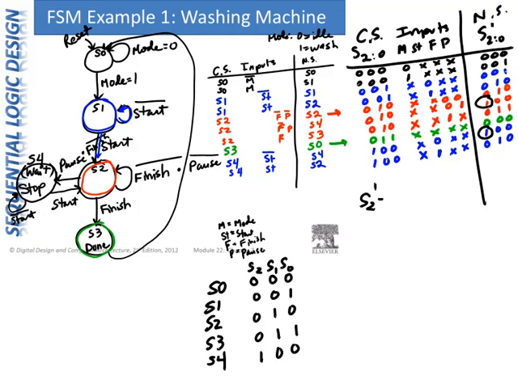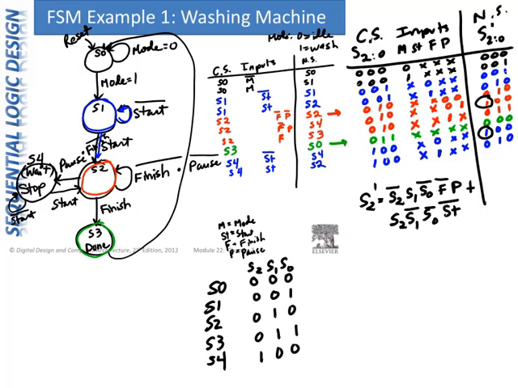S2 prime is equal to, well, S2 bar and S1 and S0 bar and F bar and P. Or this next one is going to be S2 and S1 bar and S0 bar and ST bar.